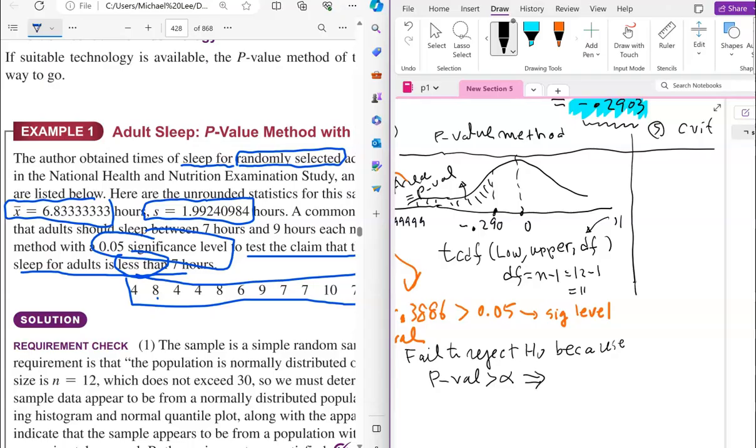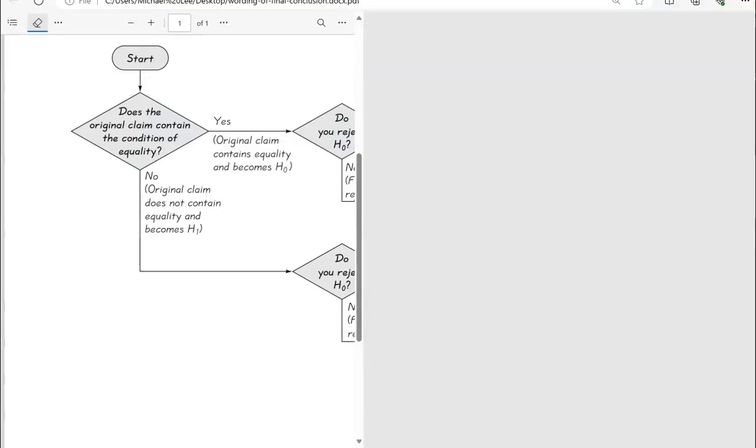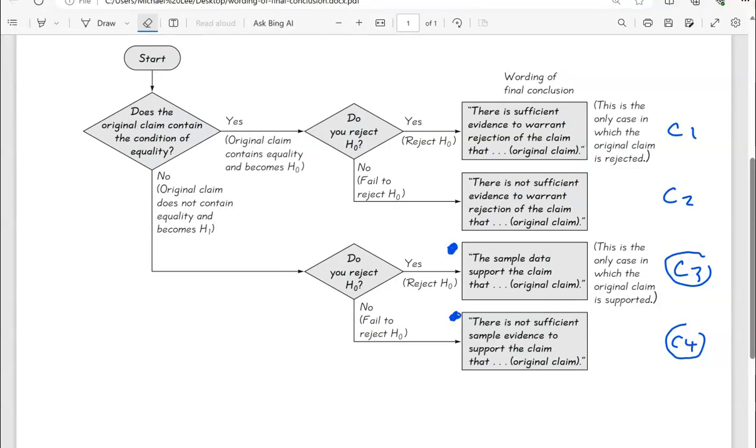So it's going to be case 3 or 4. We fail to reject because the p-value is greater than alpha. So we go to case 4. What does case 4 say? Not sufficient evidence to support the claim.